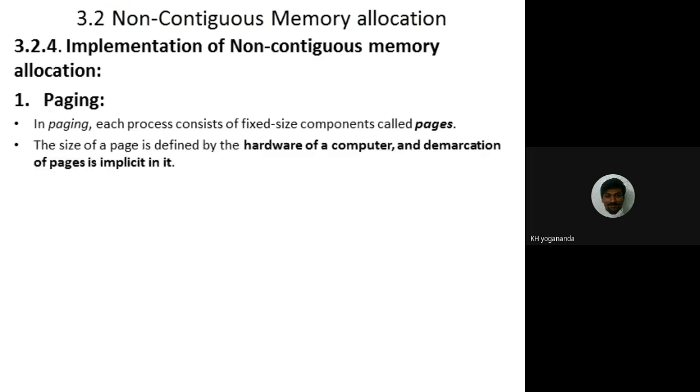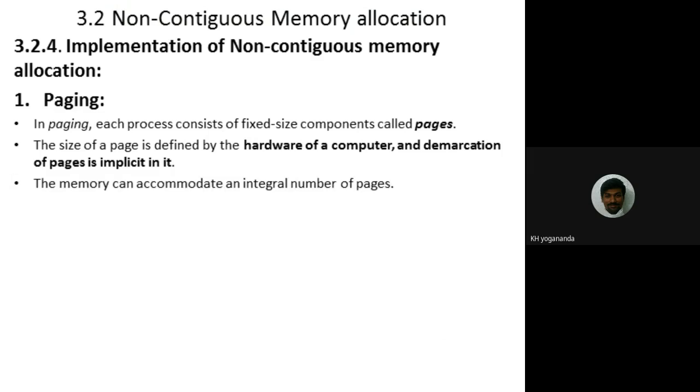The size of each page is defined by the hardware of a computer, and there will be a demarcation of the pages that is implicit. I repeat again: pages are nothing but the components of each process, and each component comes with a fixed size. Those are nothing but the components of a process.